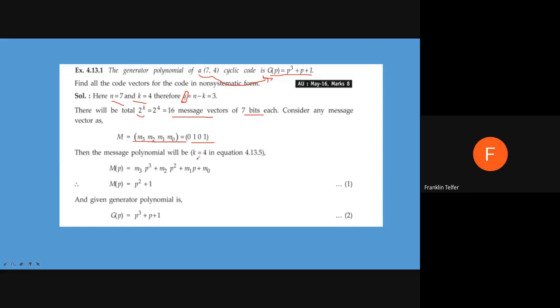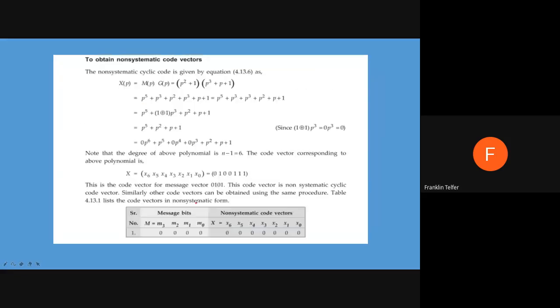Then you have to convert this to a message polynomial, which is P² + 1. Some books give P, some books may give X; both notations are okay. The given generator polynomial is P³ + P + 1. So you have taken one message, found the polynomial, and found the g.